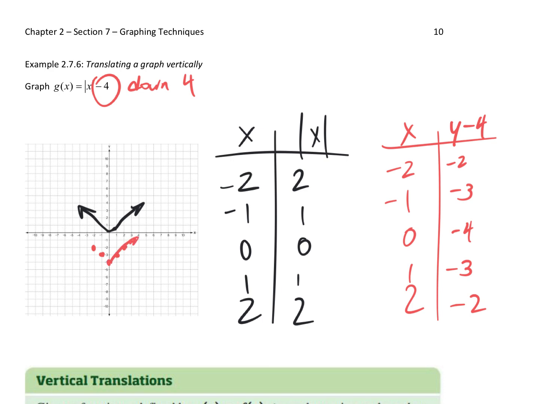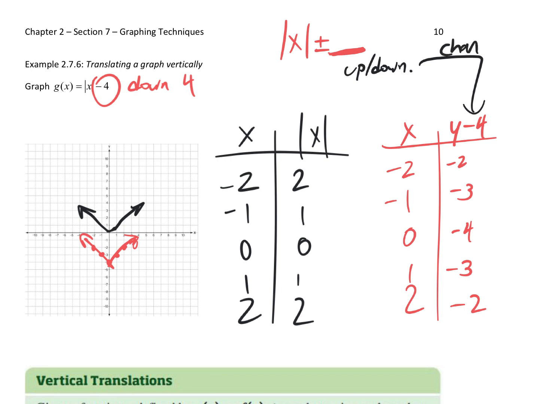And you can see this one makes that same V shape, but it is shifted down 4 spaces. Okay, so just something to note. Again, the absolute value plus or minus whatever goes here, this is going to be an up and down change. Okay, and it is going to affect the y values.